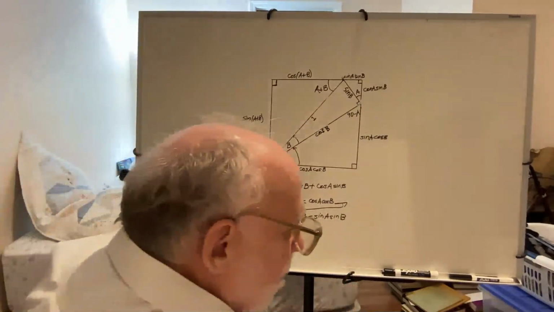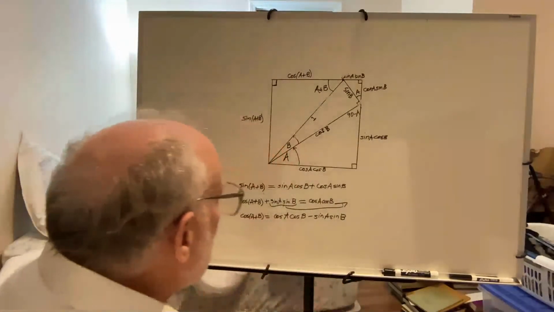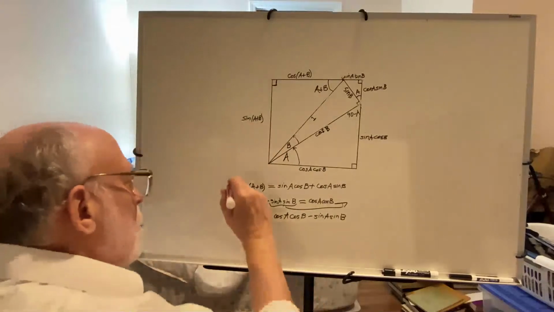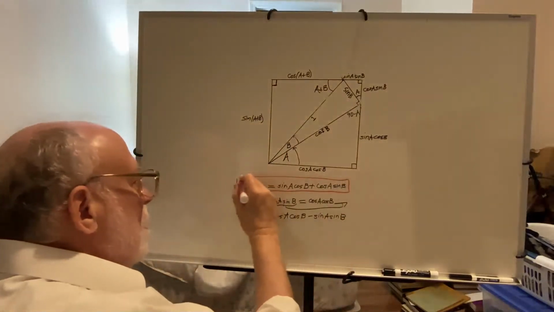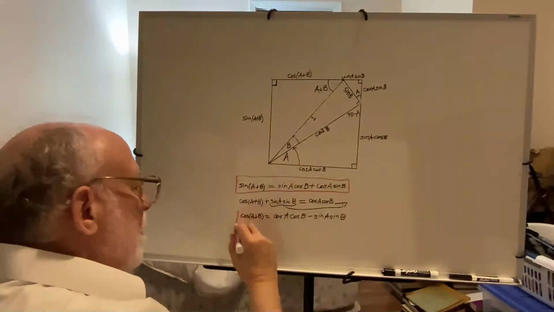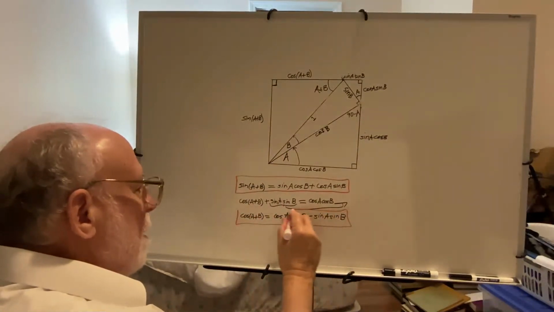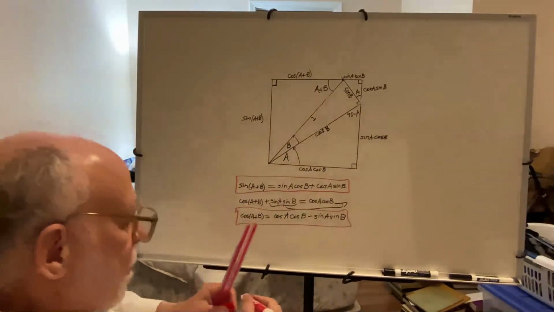So that allows us to state the two formulas, the identities, the sine of the sum and the cosine of the sum.